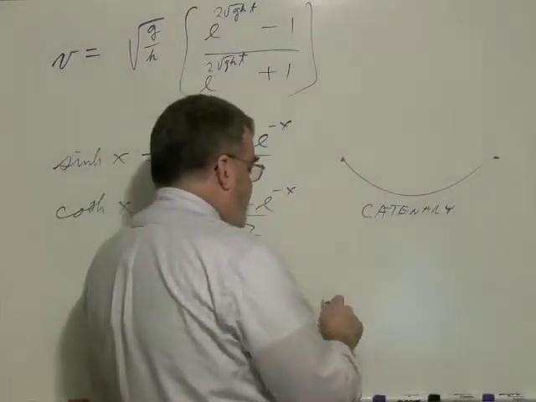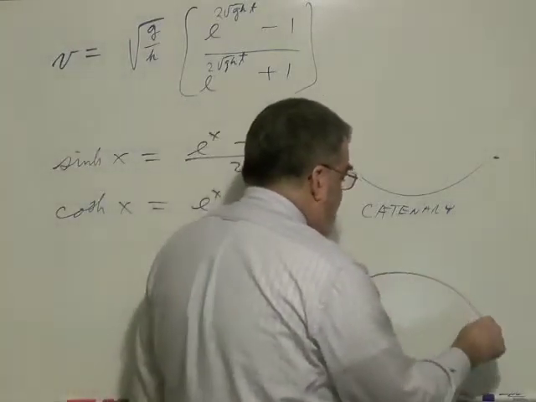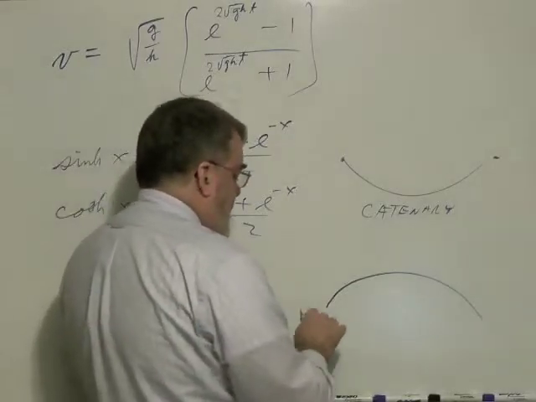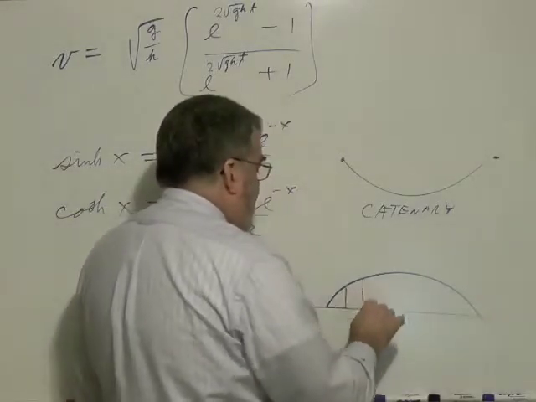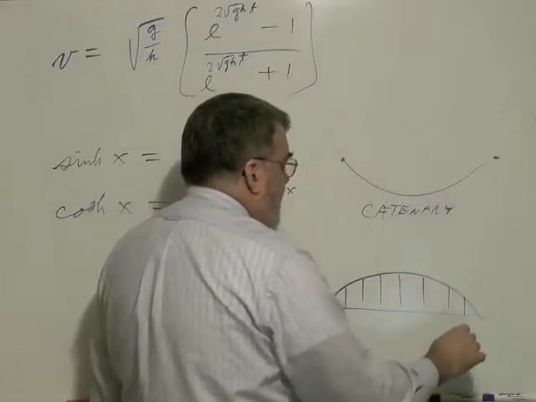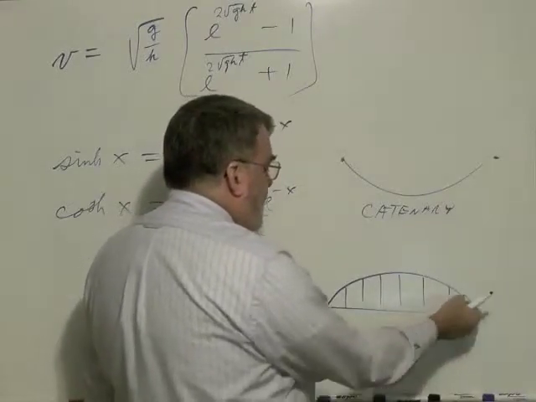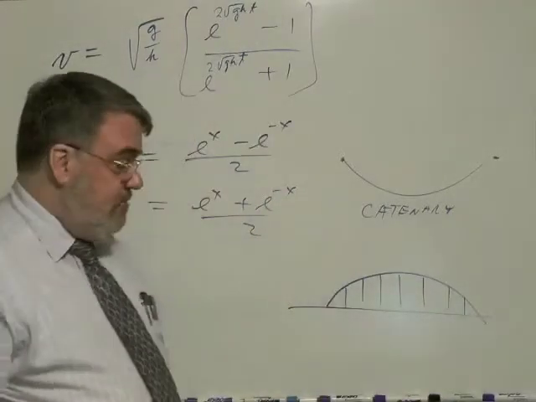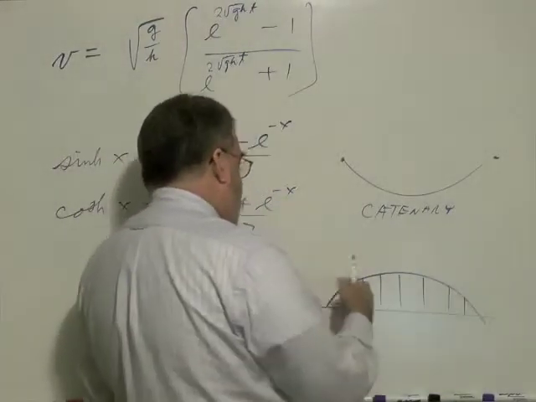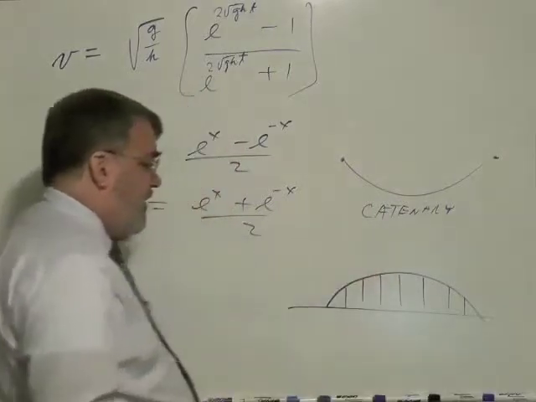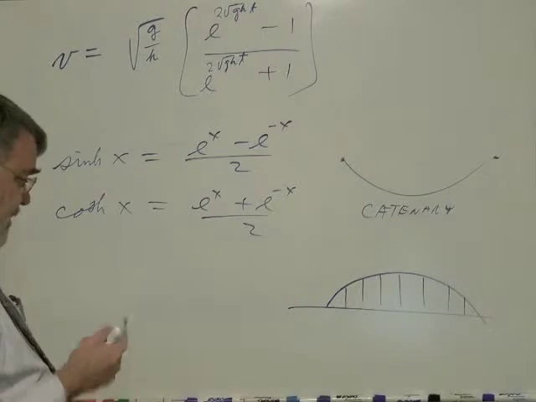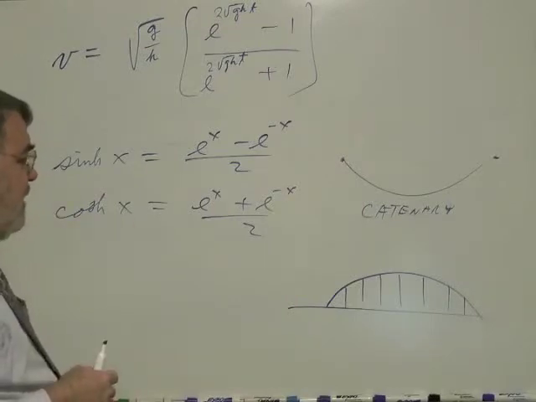So if you want to build a bridge, one thing you could do is create a span which has a catenary shape and run supports down to the roadway, and these supports all bear the same amount of weight. In other words, the weight of the bridge is equally distributed along this catenary span with each of those struts. Very efficient and very stable way of building a bridge.